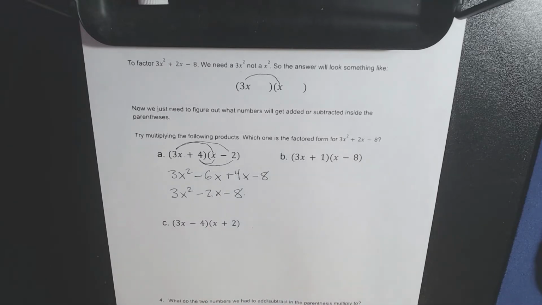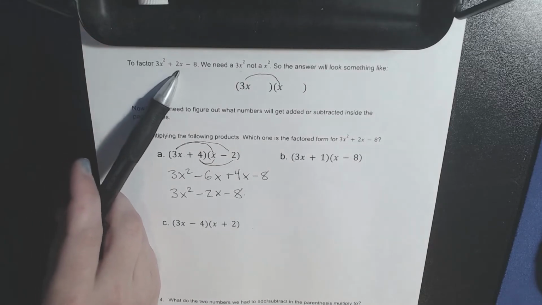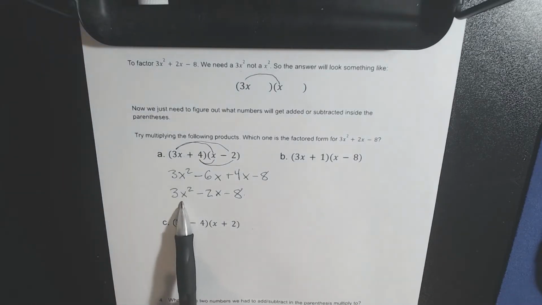Is that what we wanted? Well, we wanted 3x squared plus 2x minus 8, so we got really close, but there's a minus on the 2x, so this isn't quite right. This one doesn't work.